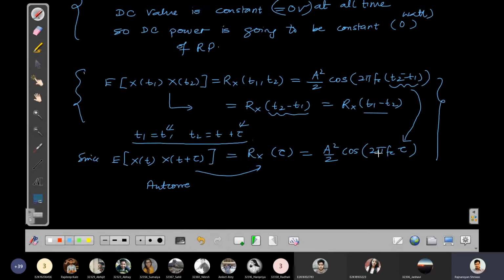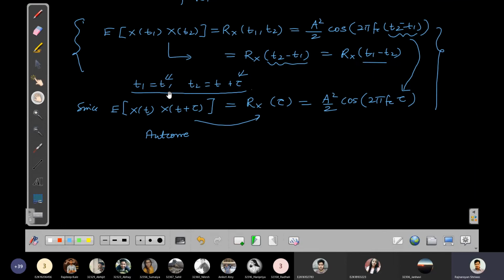The thing is, tau is only the time difference. So you choose two random variables at two times, but the autocorrelation does not depend on at what time you have chosen them. It only depends on the time difference between these two random variables. So it is independent of absolute time. That is the meaning of this function being independent of time. So autocorrelation is independent of absolute time.